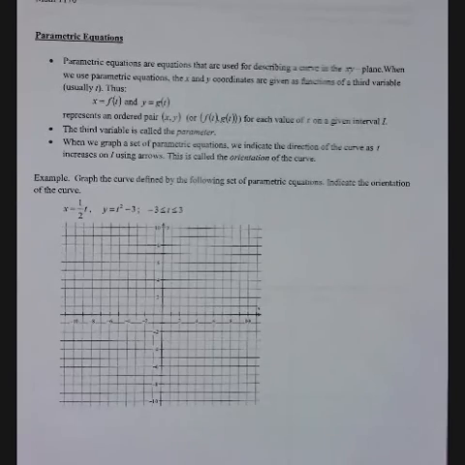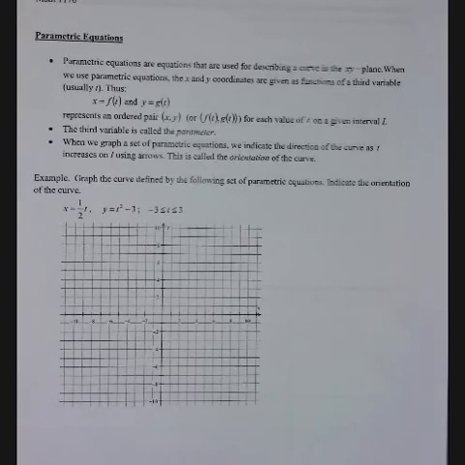What are its coordinates initially? And where does it end? And we often will indicate the direction of the motion. If it's a car moving, we'll indicate where it's going, using arrows. This is called the orientation of the curve. So if you're asked to indicate the orientation of the curve, then you're going to use arrows, and I'll show you how to do that.